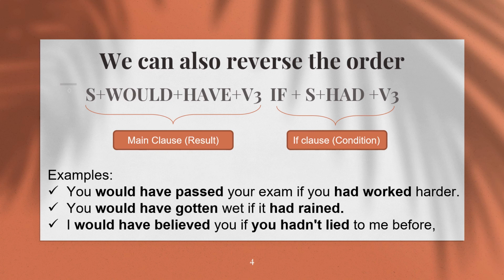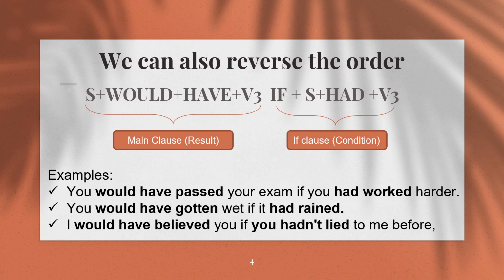So the pattern would be subject plus would plus have plus verb 3 and then if, subject, had and verb 3. For example, you would have passed your exam if you had worked harder.